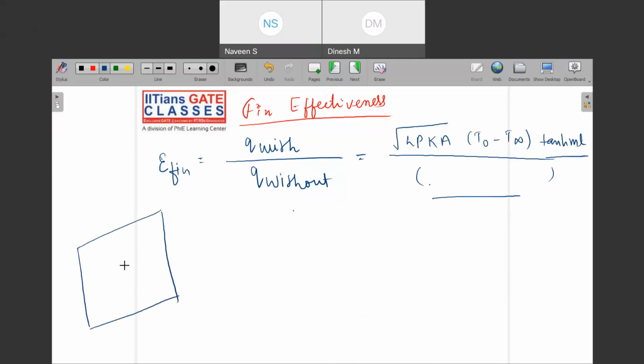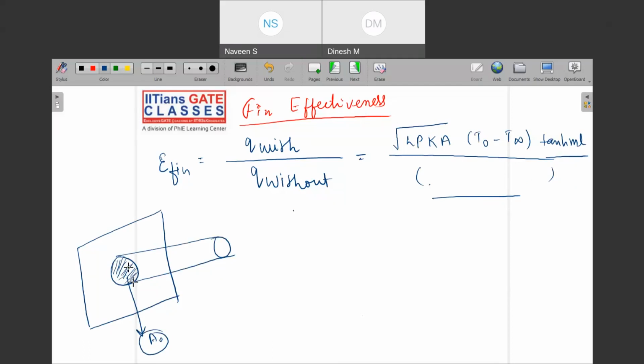So let us say again, go to a wall, install a fin and look after things. Here there is some area, let us say this area is A naught. This area A naught is again losing some heat, right? I am trying to find out the heat loss by this area.